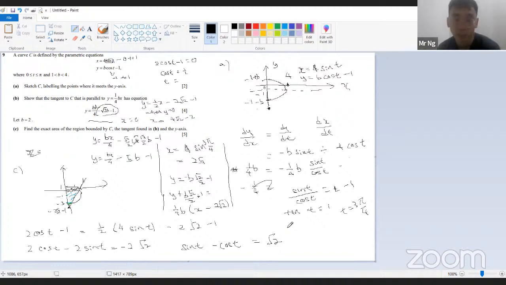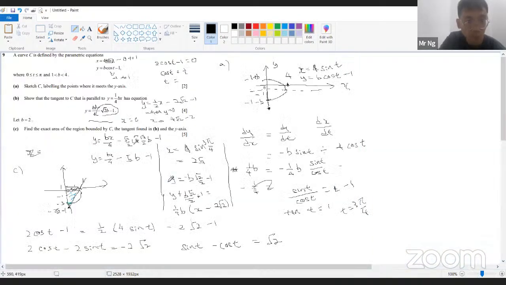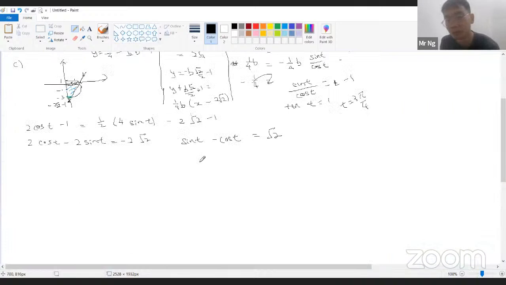Okay, so we know that there are two intersections, right? Two intersections means we need two values of t. So two values of t, maybe we need to do a quadratic. So how does this thing become a quadratic? Okay, it's by changing one of them, but changing one of them will change the angle.